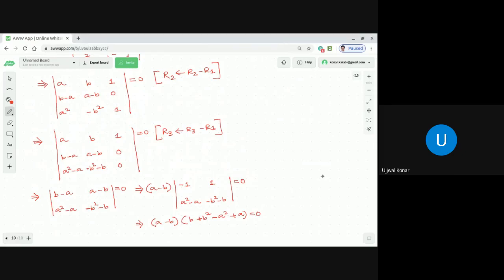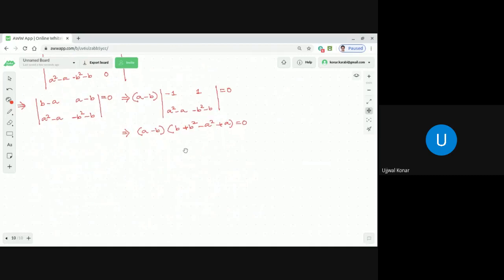So now we can again take a plus b common. So this implies a minus b into a plus b, b square minus a square, that is equal to b minus a into b plus a equal to 0. This implies a minus b into a plus b into 1 plus b minus a, that is equal to 0.